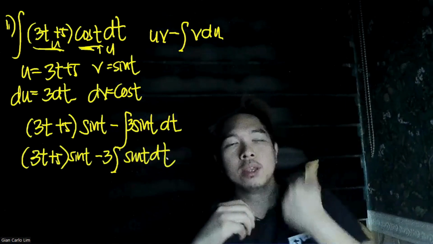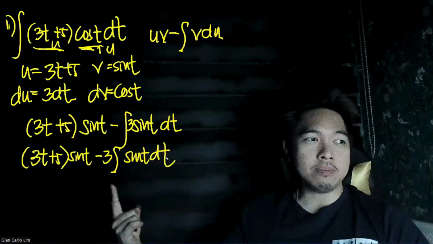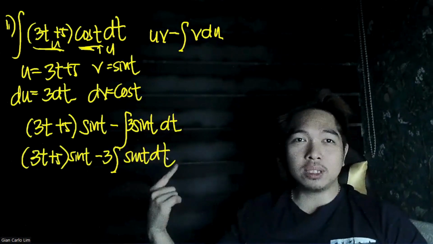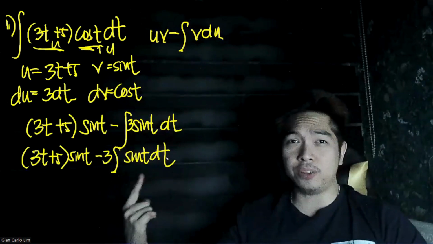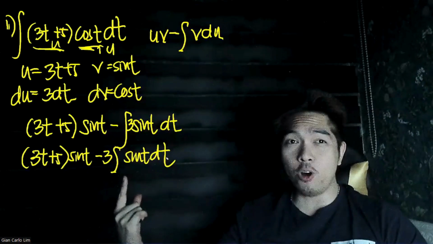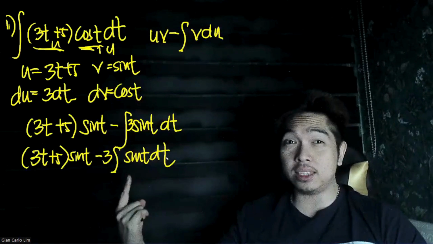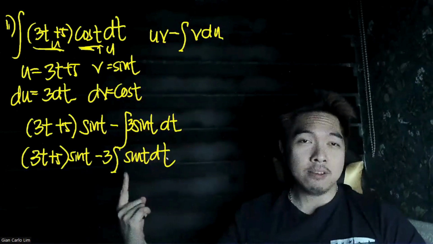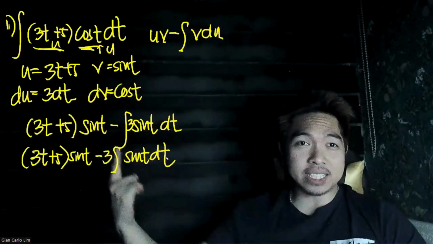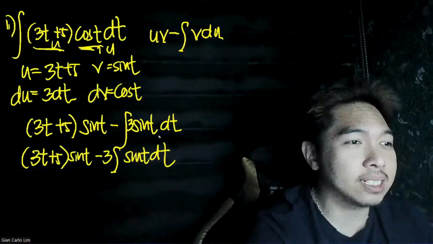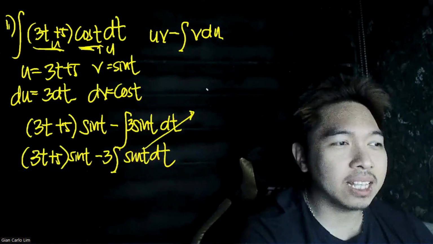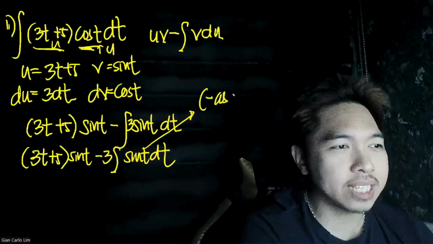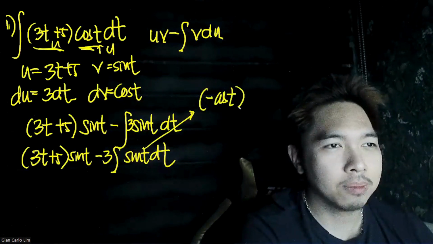So rechecking this equation, negative 3 times the integral of sine t dt is integrable. If you inspect this, we can now directly integrate sine t dt, such that the integral of sine t dt is negative cosine of t plus c.